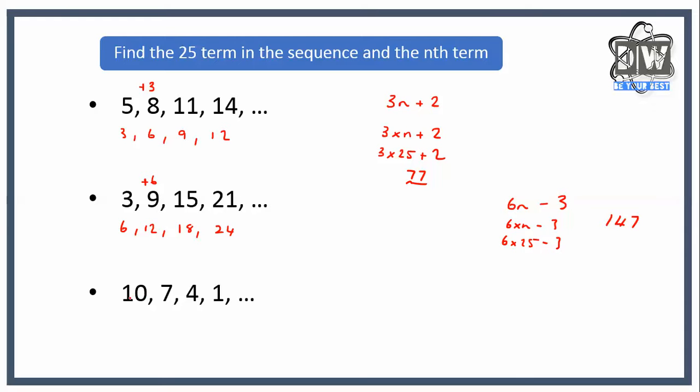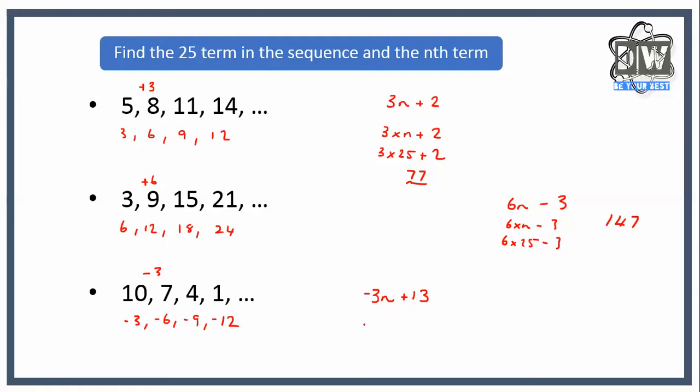And last but not least, again, remember what's happening. We are taking away 3 each time. So let's write that down. And again, I know some of you did struggle with this, so bear this in mind. But it's nice and easy. Remember, we've got our minus 3n. And what do we have to do? We have to add 13 to it.